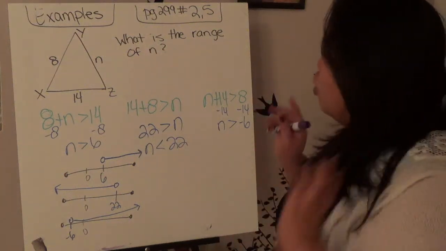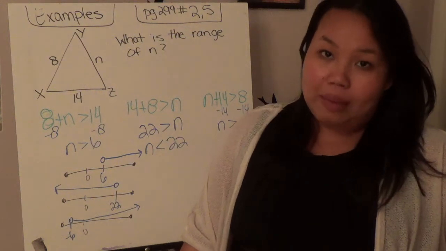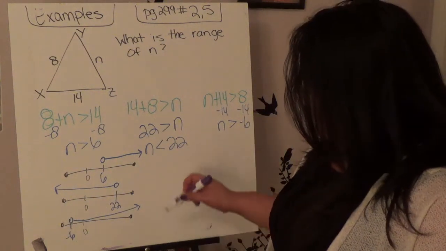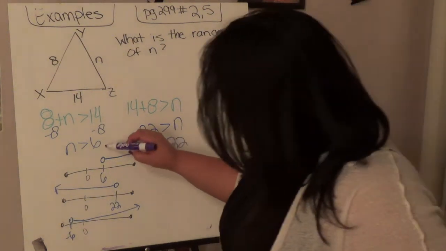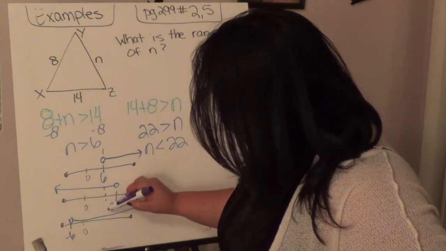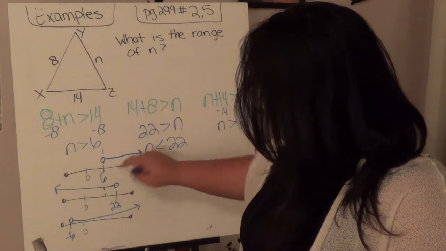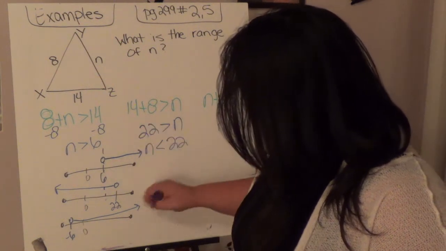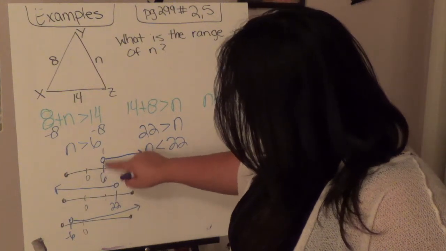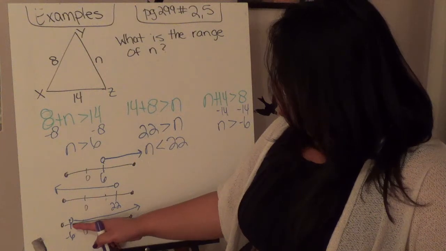Basically, my range of what n can be is where all three of them overlap. So I can see here that it has to be here. You see that -6 right here?